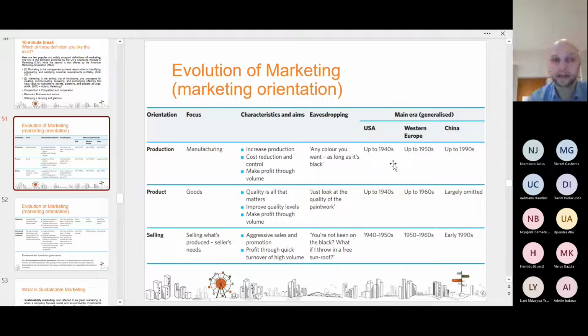So by marketing, before the 40s, a lot of marketers just understood the way the product is shipped and delivered from the producer to the final customer. And only starting from the 40s, we can say that the evolution of marketing started.